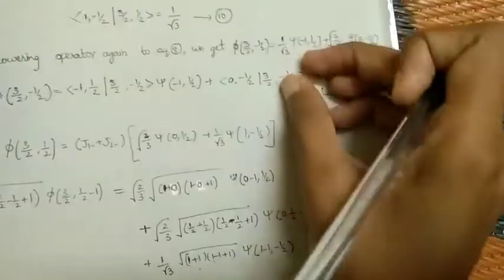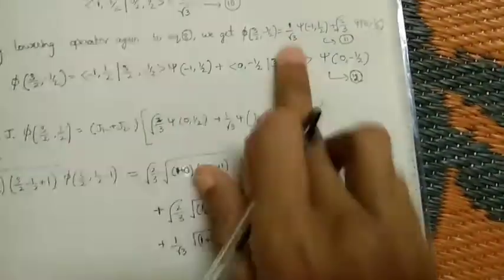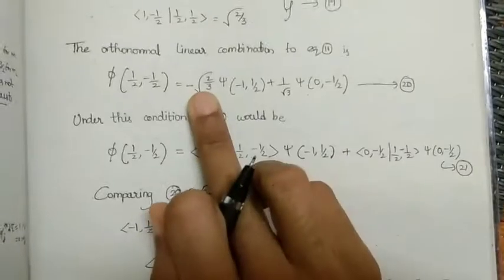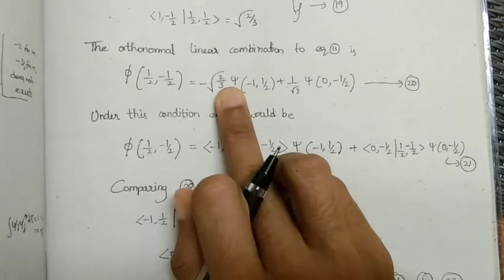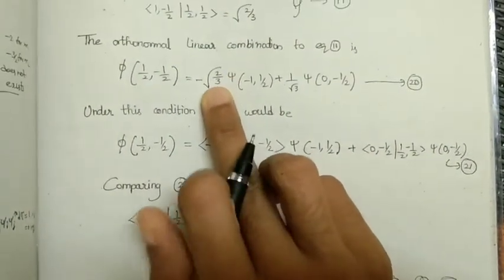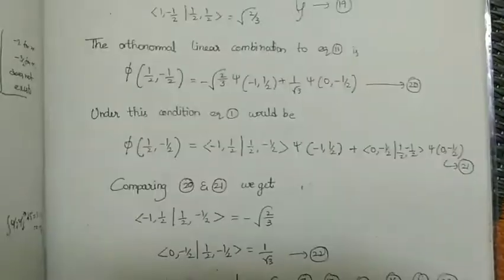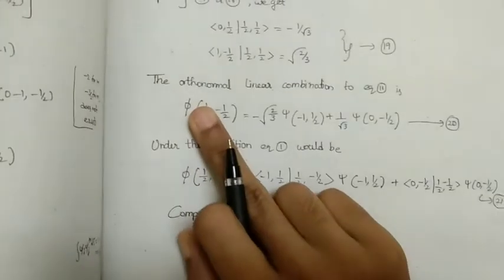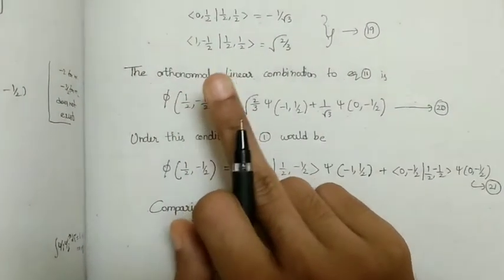Now we need to consider the coefficients. Here 1 by root 3 and minus 2 by root 3 and root 2 by 3. If we multiply them both, the integral of phi into phi star theta must be equal to 0.